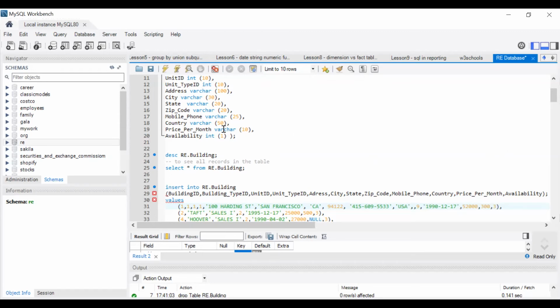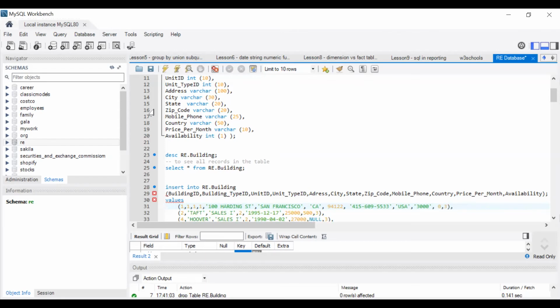We could have it as currency, but I already created a varchar field. It's okay. This all could be changed later. There are ways to change the data type of any column and column name or whatever. Let's say the price is $3,000 and availability is 0. It's not available. It's rented.